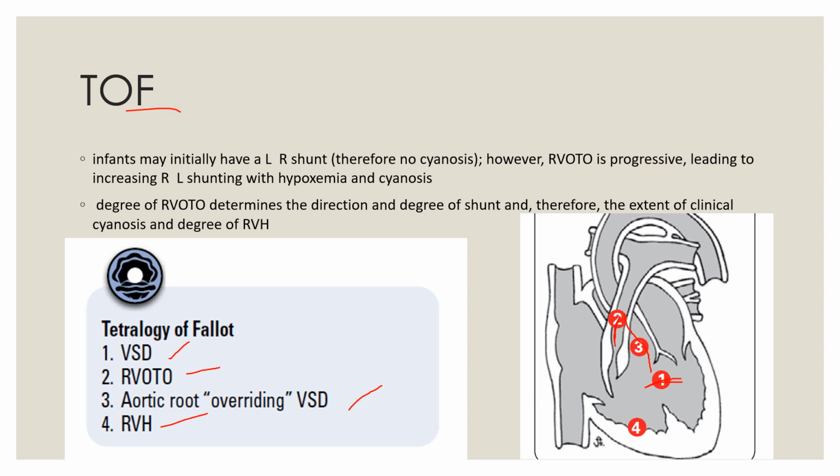But as the pulmonary stenosis becomes progressive, it leads to a right to left shunt with hypoxemia and cyanosis. Initially, because the left-sided pressure is higher, there can be a left to right shunt, but when the pulmonary stenosis becomes severe, there is reversal of shunt and cyanosis. The degree of right ventricular outflow tract obstruction determines the direction and degree of shunt.